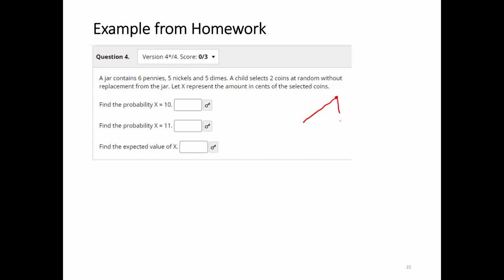So if I draw coins out of a jar that contains a penny, nickel, and a dime, can I get a penny, a nickel, and a dime? Okay, so what happens in the second draw? Can I get a penny, a nickel, and a dime?